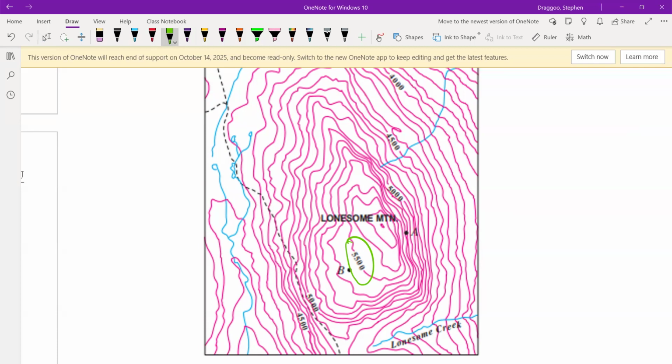Every point along that pink line labeled 5,500 has an elevation of 5,500 feet. So that means as I go more toward the peak, just again, right there in the center at Lonesome Mountain, I'm going to be gaining in elevation.